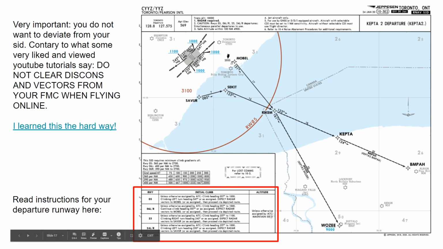So the other thing you need to keep in mind here is the altitude. So this says, unless otherwise assigned by ATC, maintain 5,000. So you don't have any altitude restrictions here other than reach 1,100 before you start turning to the right. But basically you can go up to any altitude. You're cleared up to 5,000 feet until they tell you otherwise.